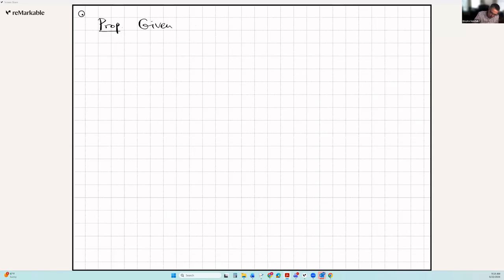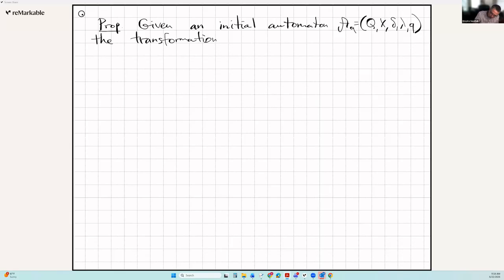Given an initial automaton A_q, which is (Q, X, delta, lambda, q), the transformation lambda q from X star to X star that we just defined above induces an endomorphism of the tree X star, a graph endomorphism.